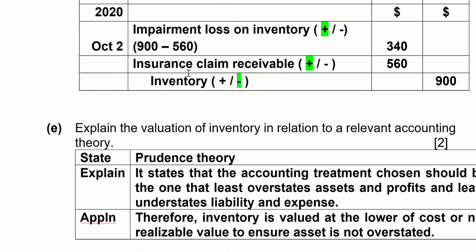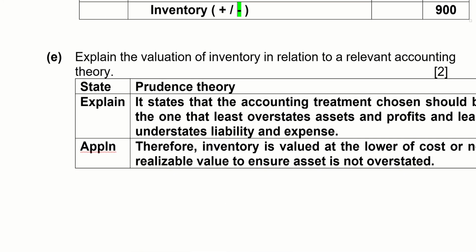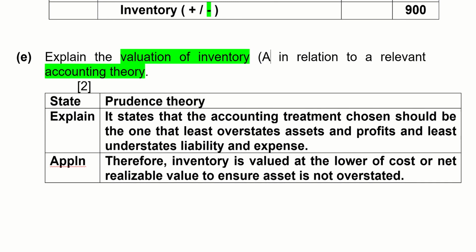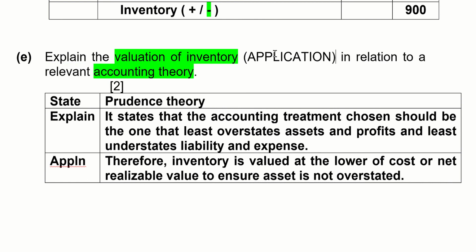Finally, they ask you to explain the valuation of inventory in relation to a relevant accounting theory. So in this question, they have indeed asked you for some application. So you need to use your SEA, state, explain, apply.